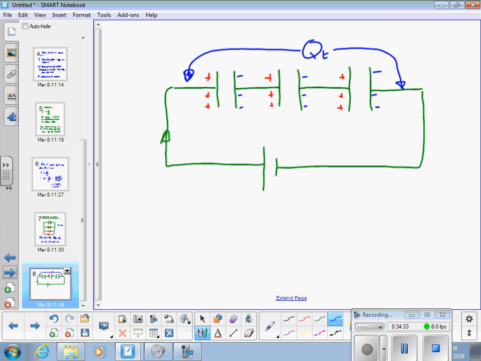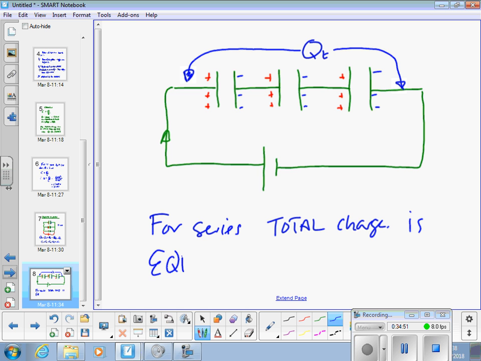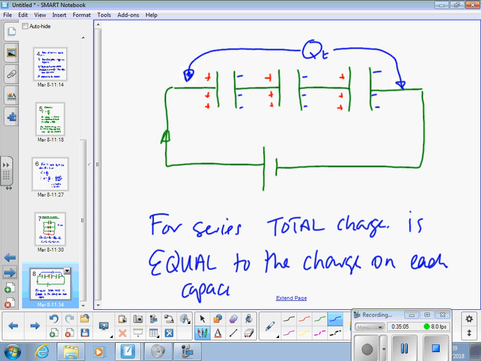And for a series circuit, the total charge is equal to the charge on each capacitor.